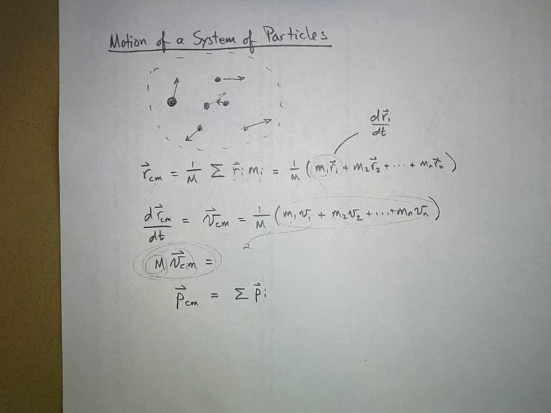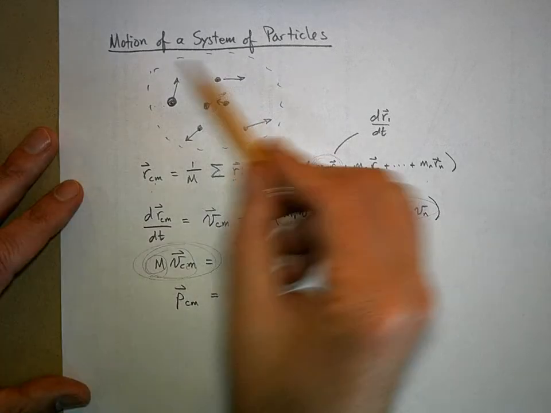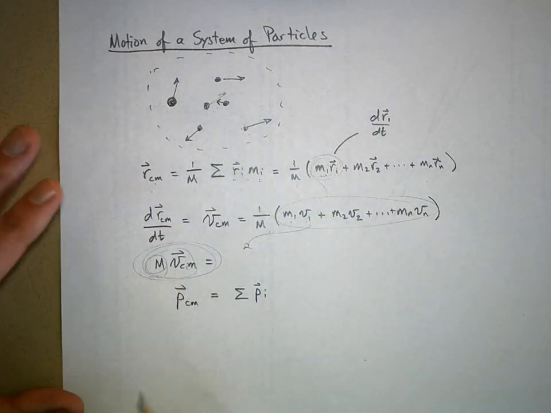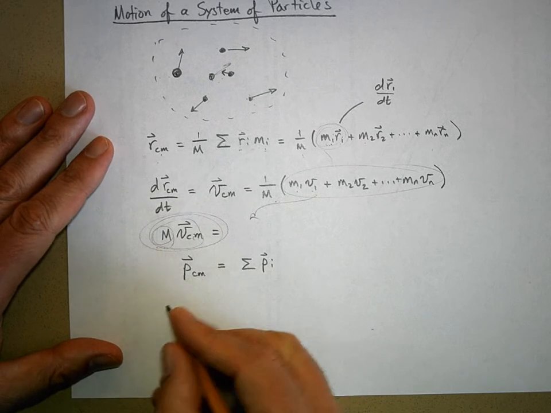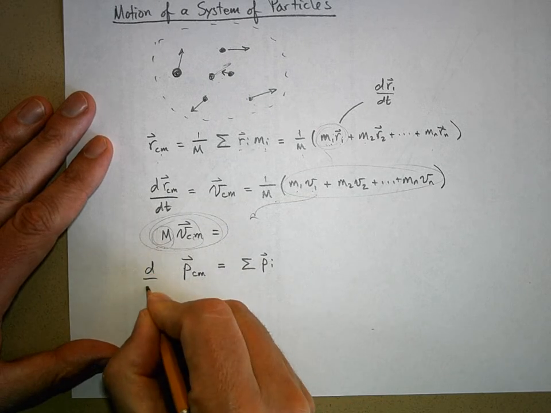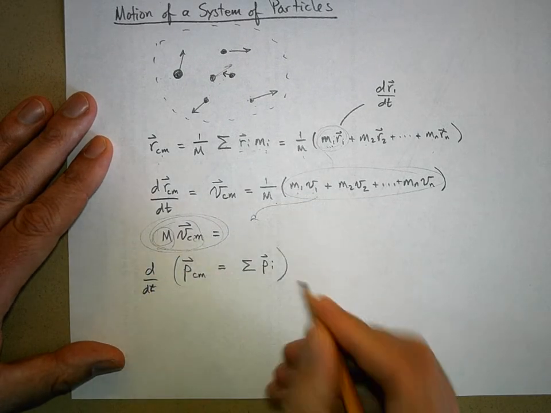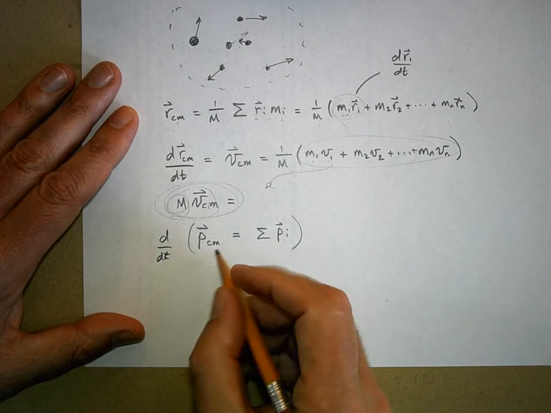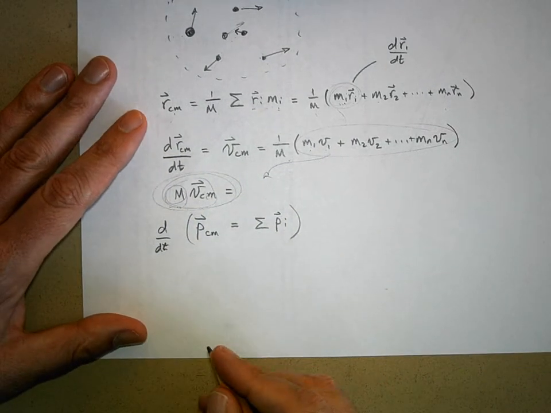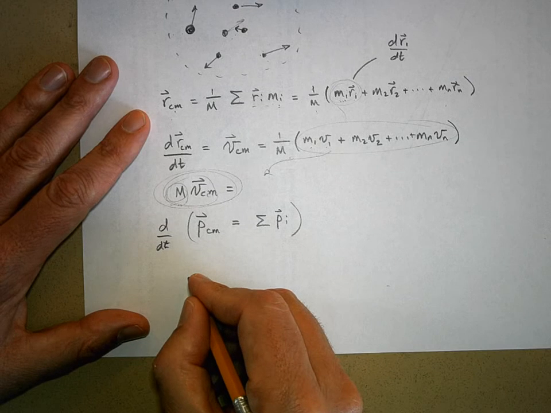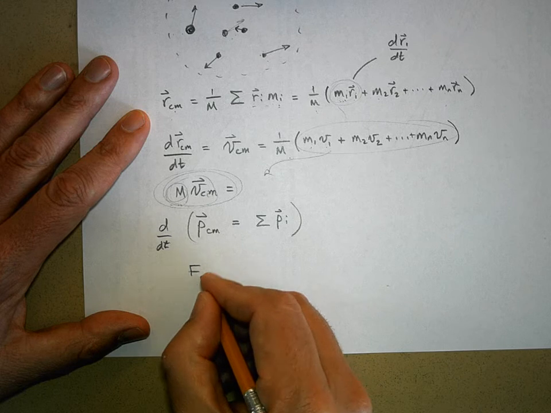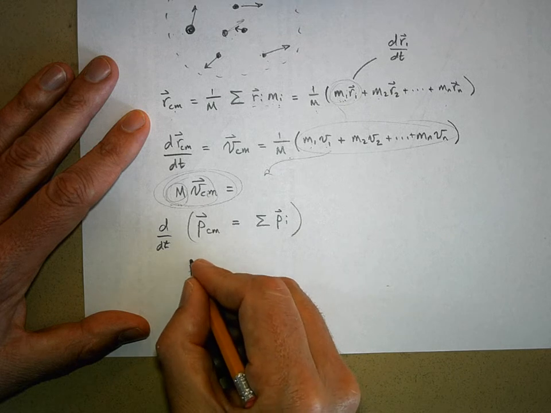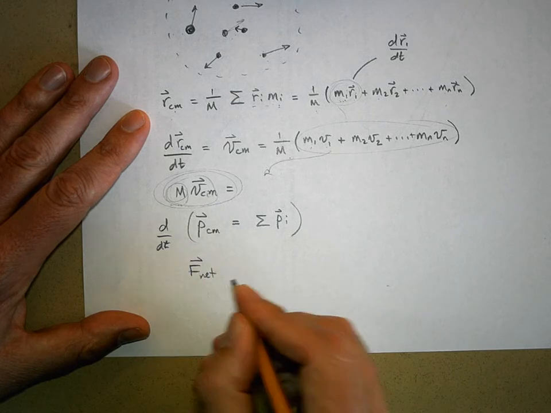Well, let's again assume that the mass of my system is staying constant. So this is just a constant. What's the time derivative of velocity? Acceleration. So if I take the time derivative of this whole thing, what I get is mass times acceleration, which is the force, the net force acting on the object, or acting on the system.